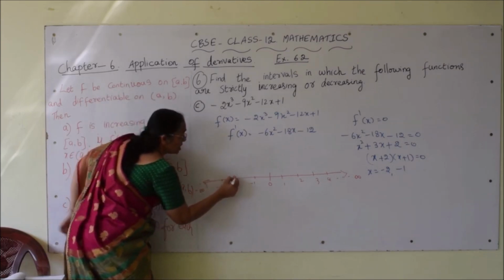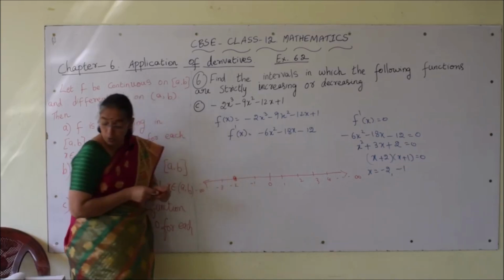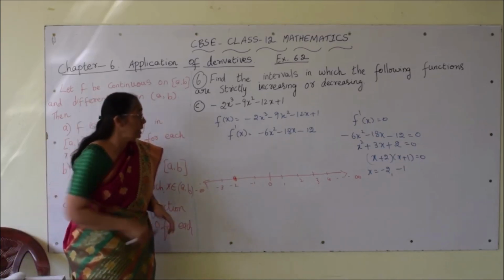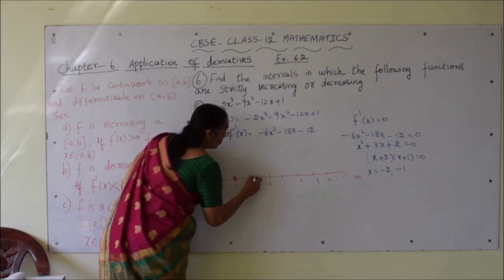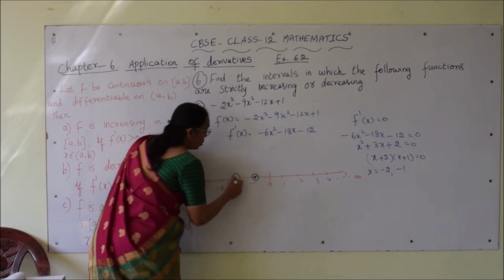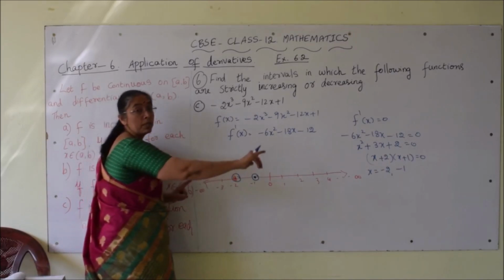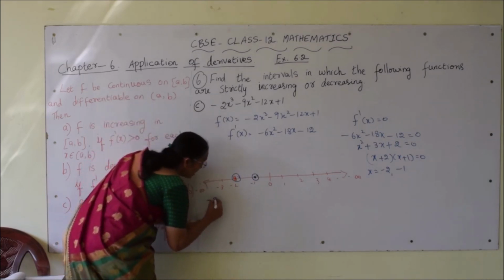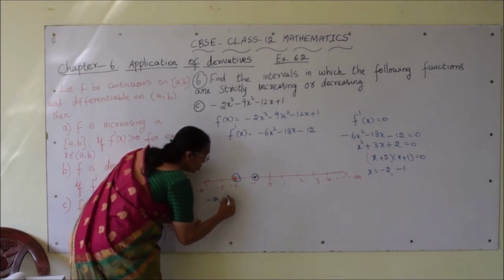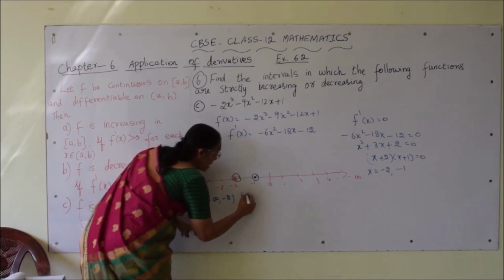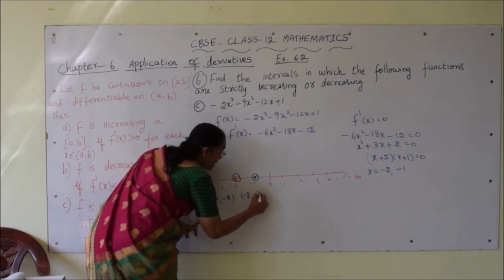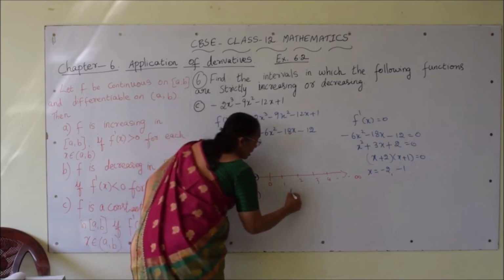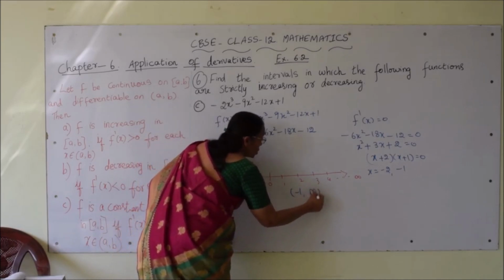So the function takes one turn at minus 2 and another turn at negative 1. So the number system is divided into 3 intervals: minus infinity to minus 2, minus 2 comma minus 1, and minus 1 comma positive infinity.